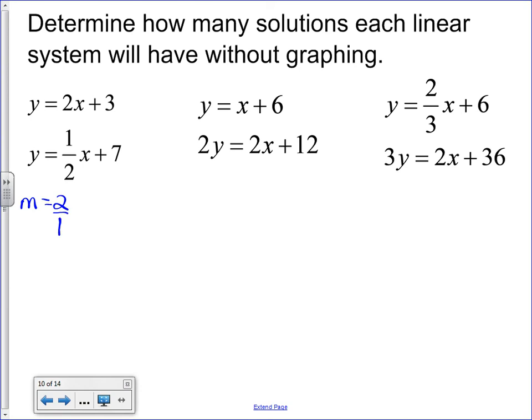What's my y-intercept? 3. Joe, what's my slope for my second equation? What's my y-intercept? Okay, so I'm comparing my slopes and I'm comparing my y-intercepts. My slopes are what, Andreas? Are they the same or different? And my y-intercepts? So how many solutions will this have? One.